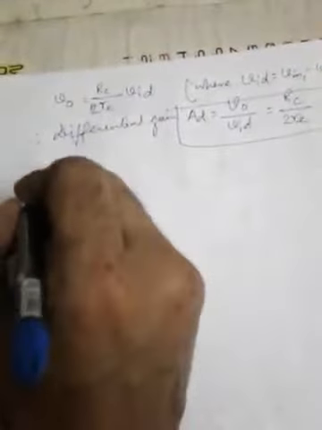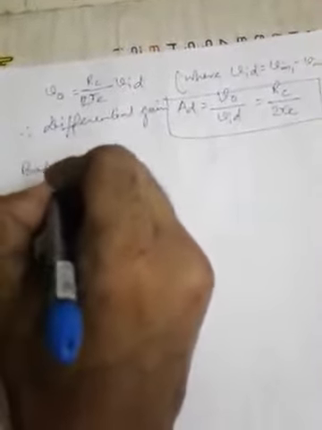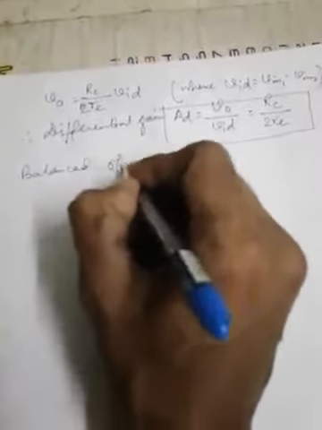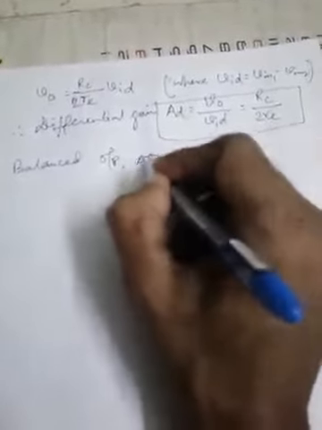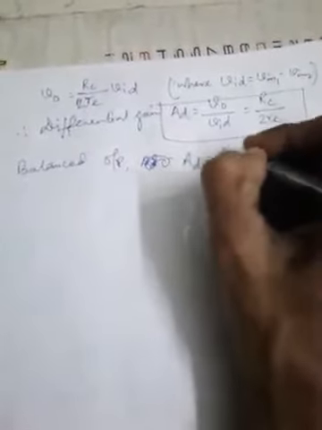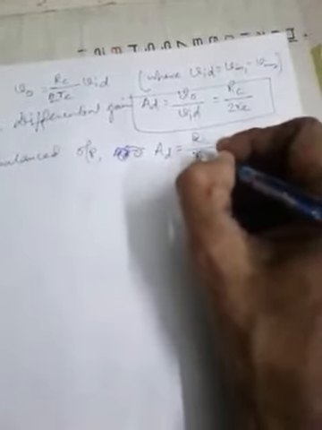So if we now compare with the voltage gain of the previous configuration, which was RC by small re for balanced output, the voltage gain AD was RC divided by small re, and here it is RC by 2 re.